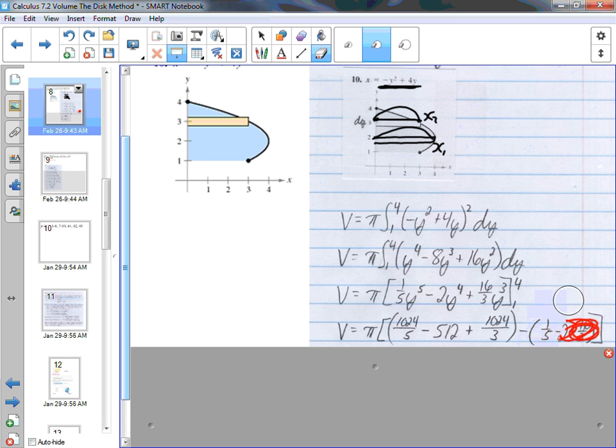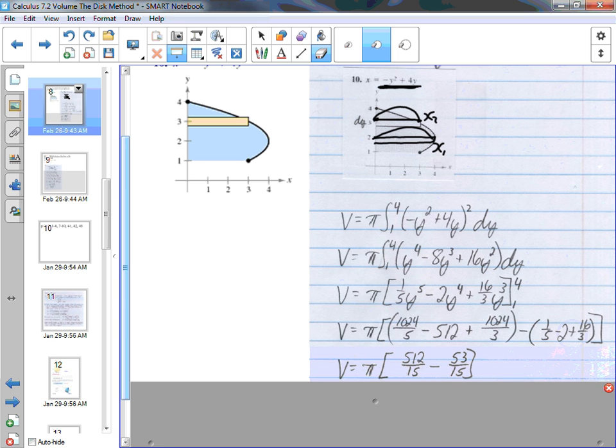So that'll be 1/5 minus 2 plus 16/3. And then I did use the fraction capabilities on my calculator to find that the first parentheses simplifies to be 512/15. And the second parenthesis simplifies to be 53/15.